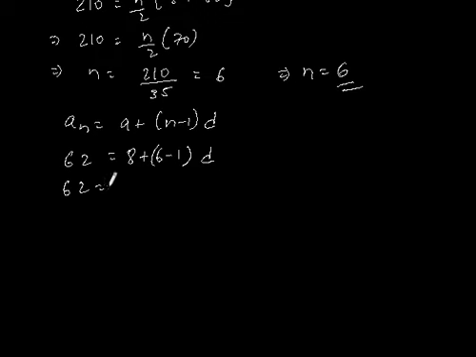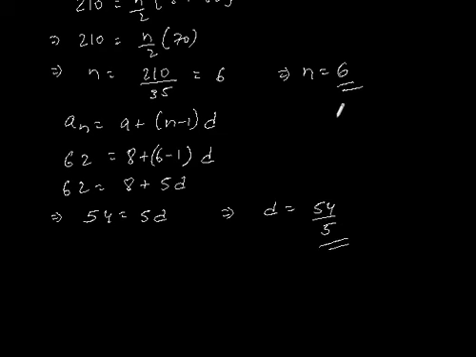This gives 62 is equal to 8 plus 5d, which implies 54 is equal to 5d, which gives d is equal to 54 by 5. So n is equal to 6 and d is equal to 54 by 5.